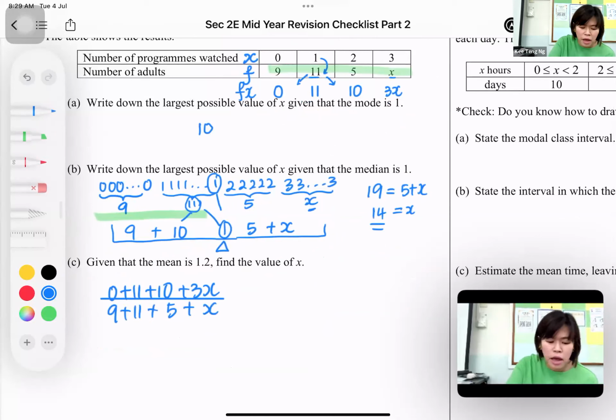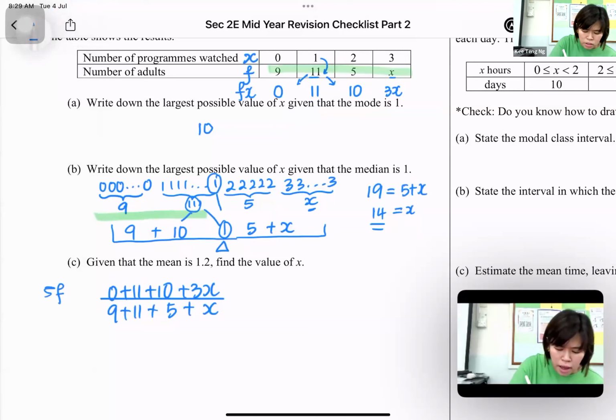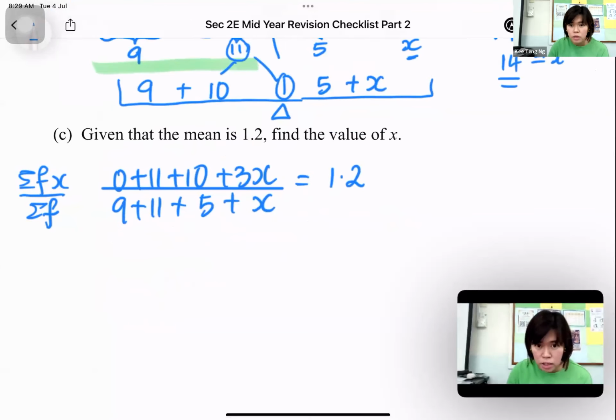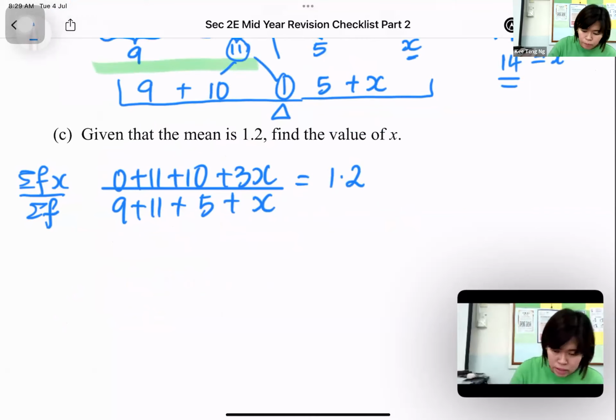So summation fx over summation f, the mean is equals to the value 1.2. Either I can change this to a fraction or I just work along with the decimal. So now let us simplify these.